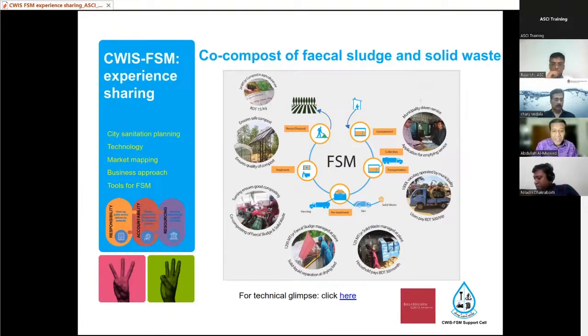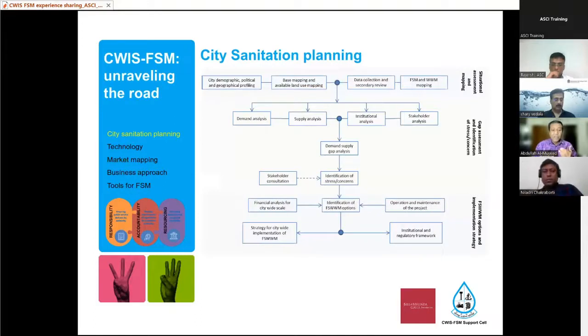And when we began this journey, it comes to city sanitation planning. So the very beginning of it is the story of 2014. And this is the diagram from when we had the discussion with the city authority, the mayor. Substantial discussion regarding city information, how to get that information, validation of that information, and most importantly, what the city authority wants.